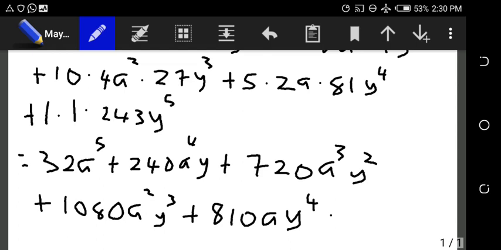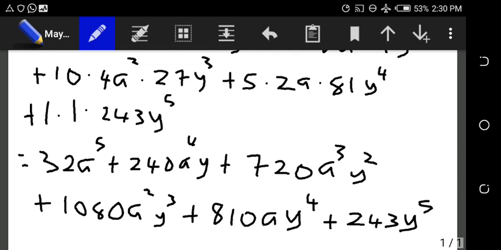Then lastly we have 1 times 1 times 243. Those are the digits. 1 times 1 is 1. 1 times 243 will still give us 243. Then we still have y raised to power 5.